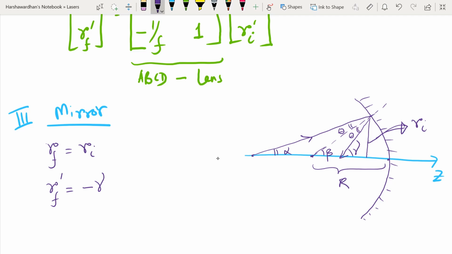This is the angle associated with the final ray, whereas the incoming ray is simply Ri prime, which is equal to alpha, correct? This is the slope of the incoming ray, and this is the slope of the outgoing ray, which is a negative number. Here I am looking at alpha, beta, gamma as positive numbers, so that there is no confusion.